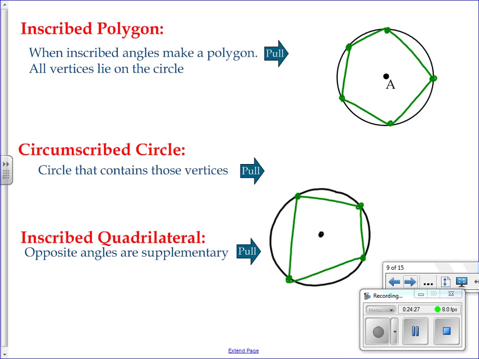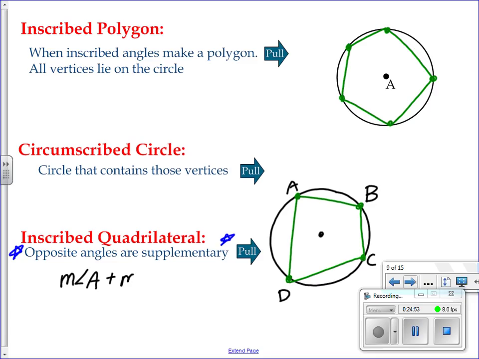And the most important rule that I need you to remember, because we're going to use this a lot in this chapter, is that opposite angles of these inscribed quadrilaterals are supplementary, which means they're going to add to 180. So if I were to just quickly name these angles, I'll use letters. We'll call them A, B, C, D. Opposite angles: angle A and angle C are opposite.